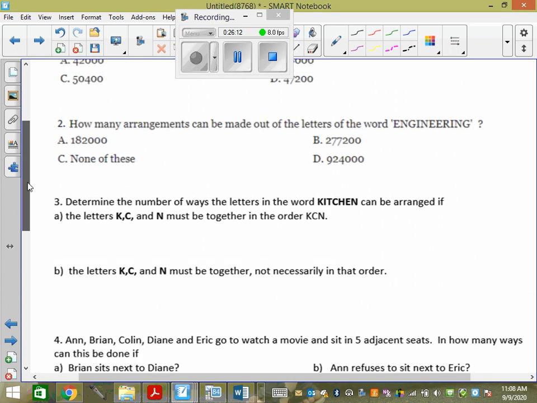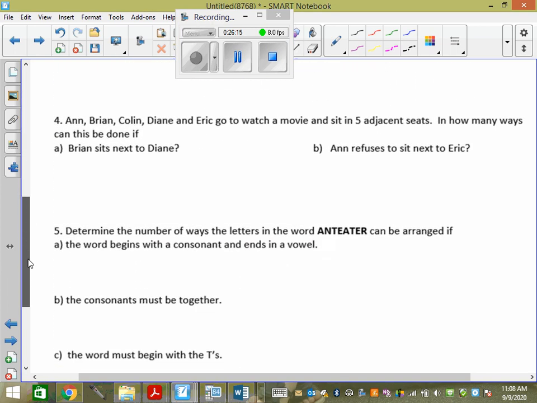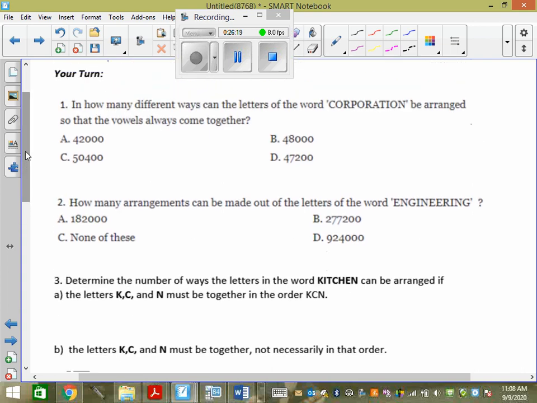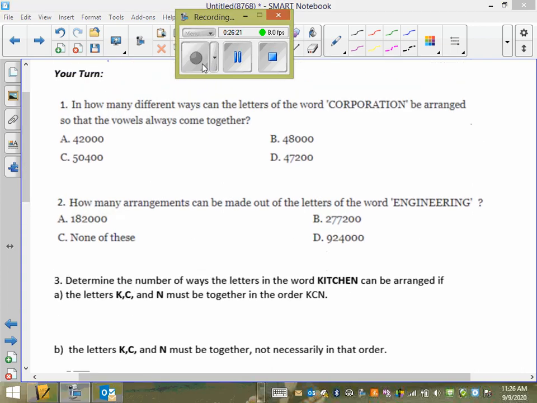So you're doing numbers 1, 2, 3, 4, 5, and go. In how many different ways can the letters of the word corporation be arranged so the vowels always come together?